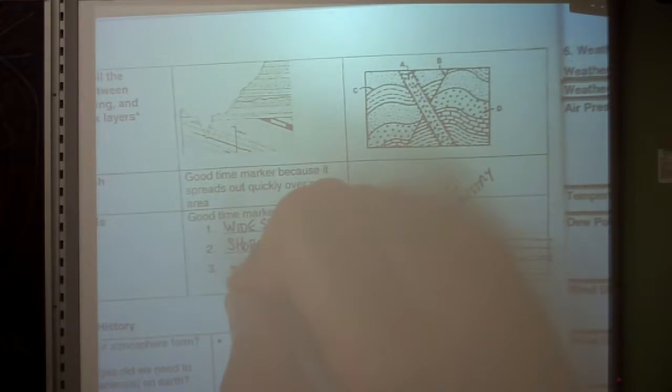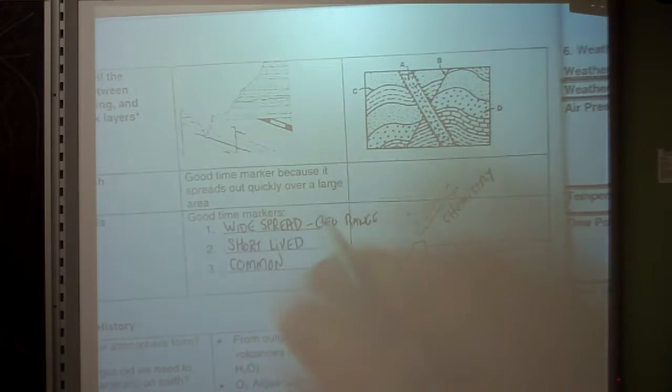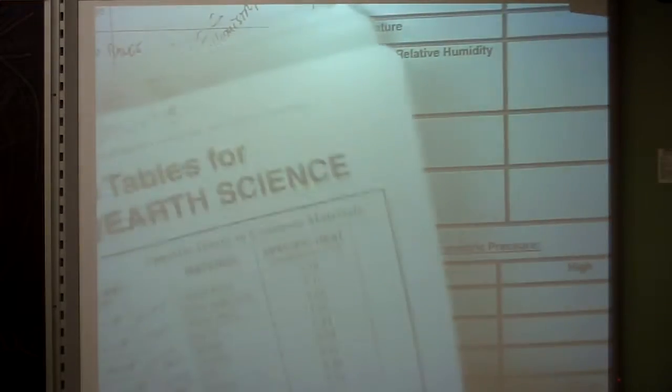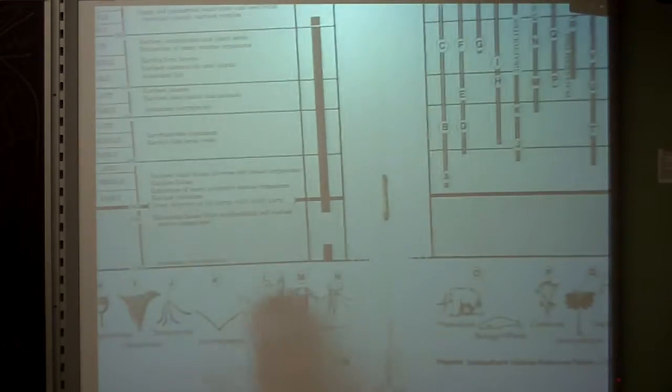And they really should be easily found. They should be the type of fossils that aren't really hard to find, so they should be fairly common. So we have a list of all the index fossils on the reference table here, and you can match them up. I'm sure when you get into the Barron's book, you're going to be doing some things with these guys over here and how they match up here with the different times.